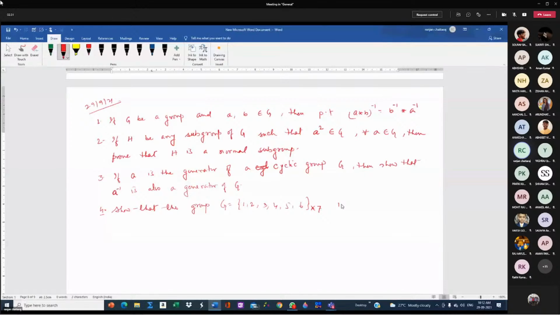And next we have a tail question, that is: how many generators are there? Okay, try to solve this 4 question. Today's question is from the cyclic group and the normal group.